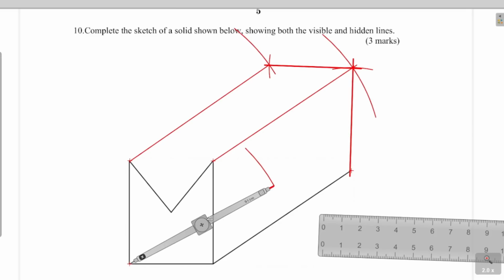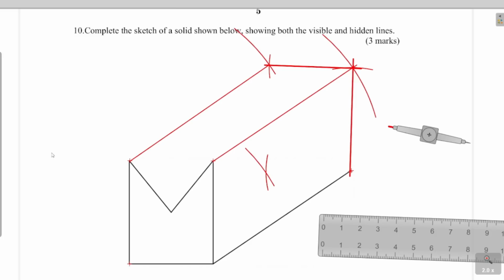And then from there we can take this measurement of this line, that measurement, we stand at this point, then cut this arc like that.